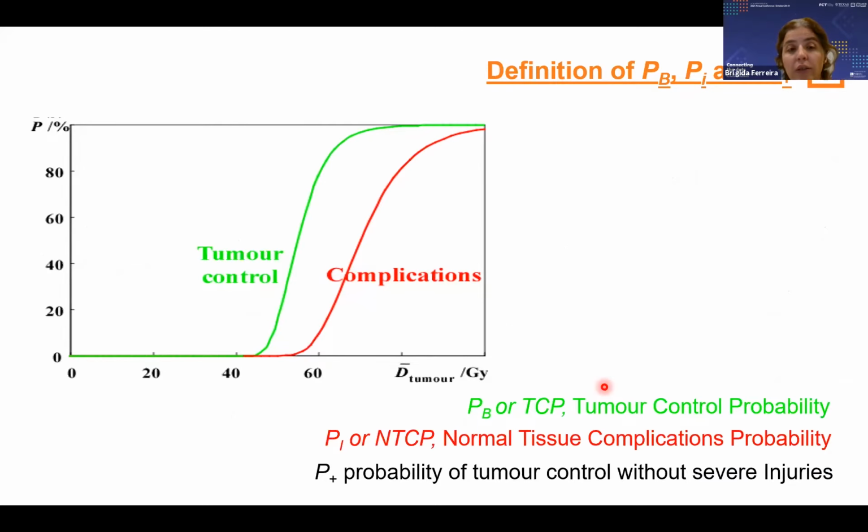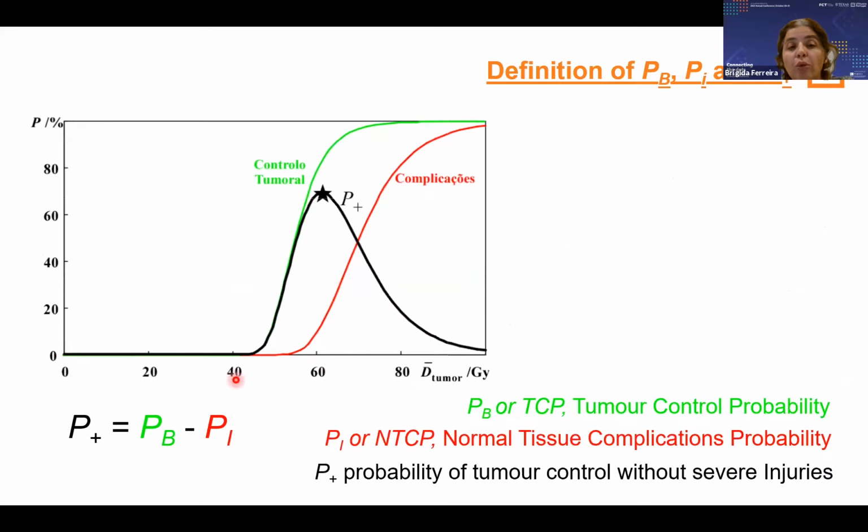And in this case, what we want is to find a plan that will produce the maximum probability of tumor control and the minimum probability of complications. The P+ function in its simplest form is given by the probability of benefit, the probability of tumor control, minus the probability of injury or normal tissue complications.